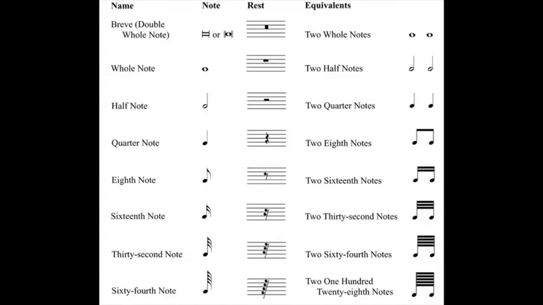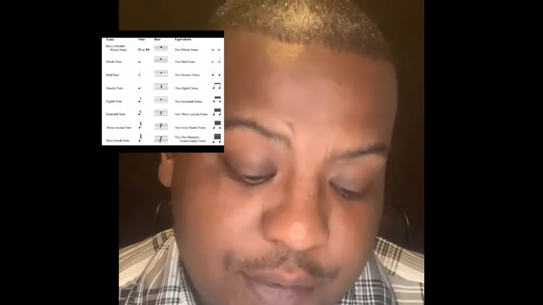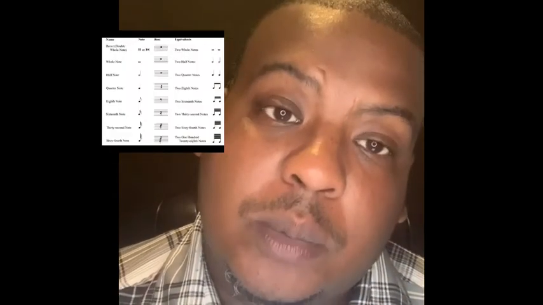So notes, even though we use letters for notes, we also have to know the tempo of our notes. And that is determined, again going back to the more mathematical terms, of quarter note, half note, whole note.